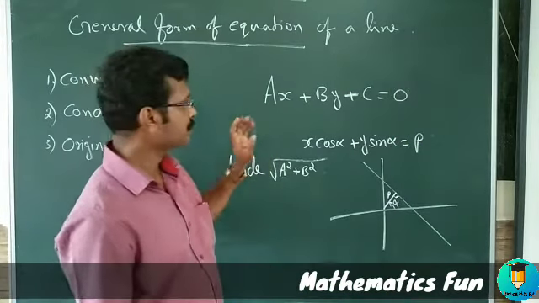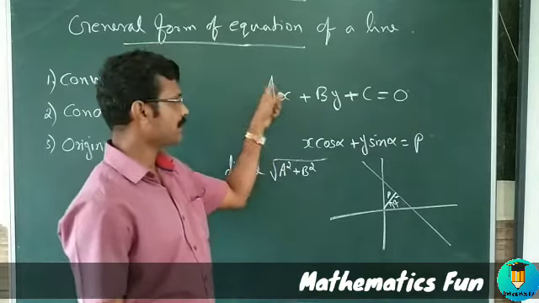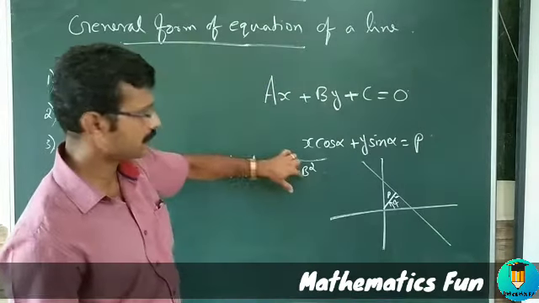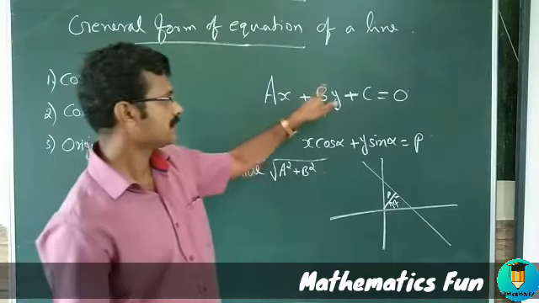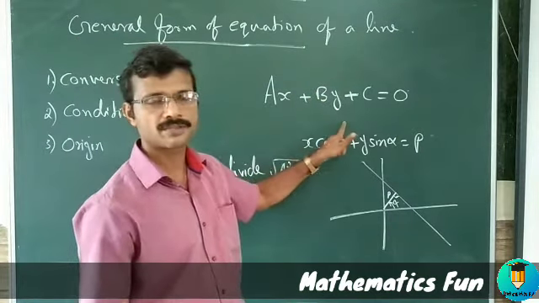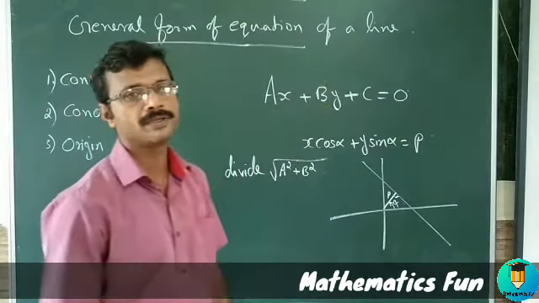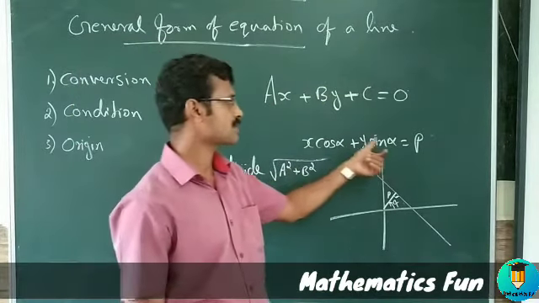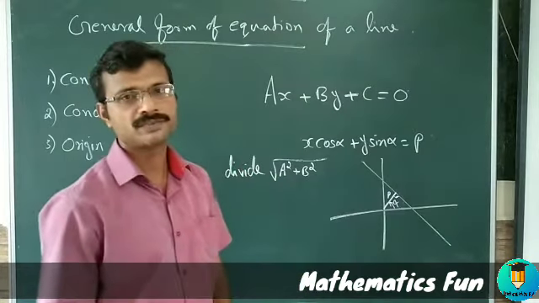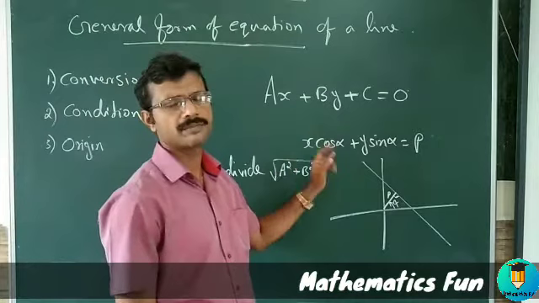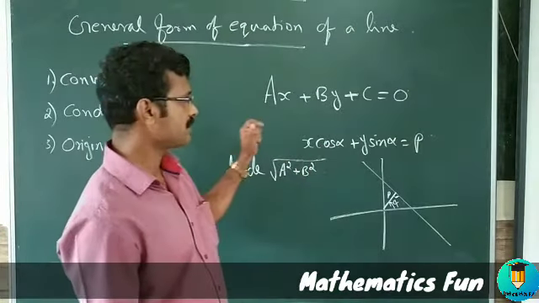Once that part is made positive, the coefficient of x will be like this: a divided by under root a square plus b square, and here b divided by under root a square plus b square. Those two can be written in cos alpha and sin alpha form with the help of an angle. That angle we will be able to observe and state.